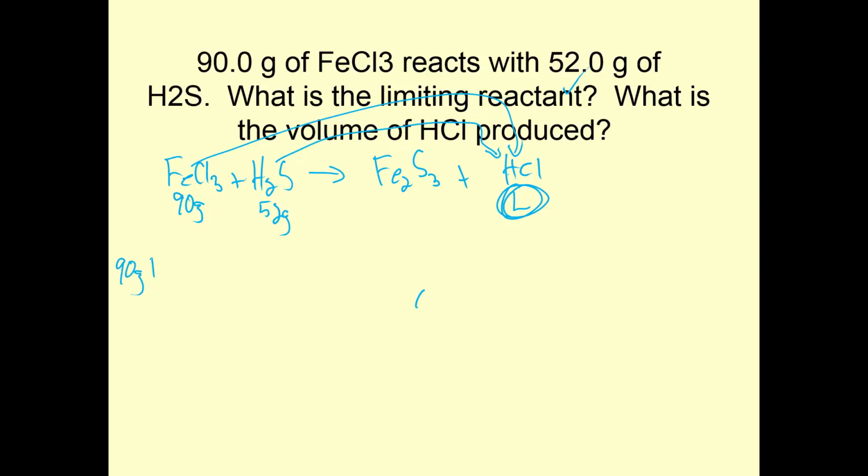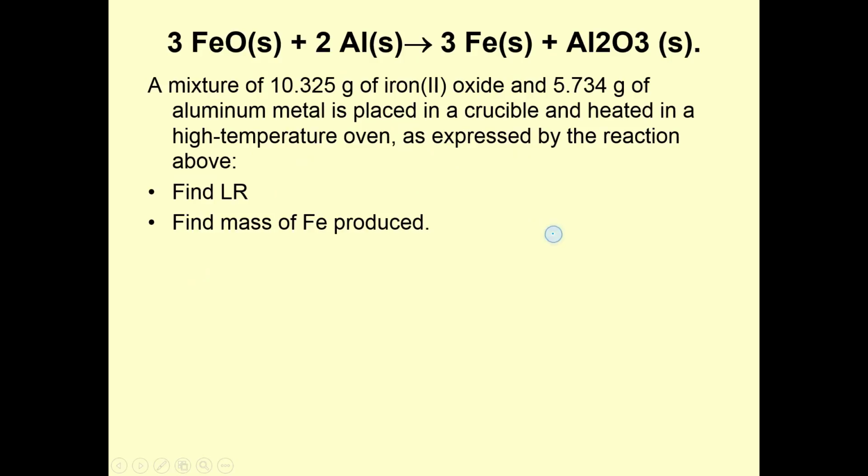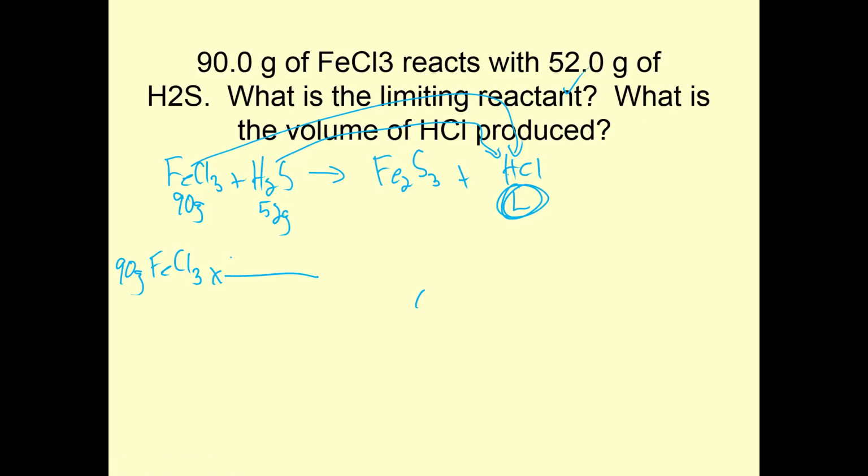90 grams of FeCl3 times dividing bar. Go through moles of FeCl3, cancel out grams of FeCl3. The number I put here, little g stands for grams, and little g stands for go to the periodic table.